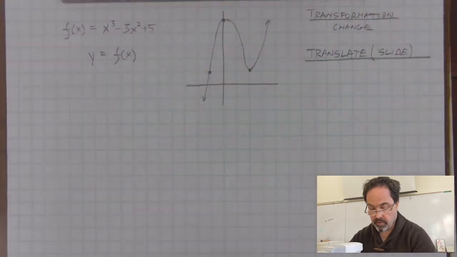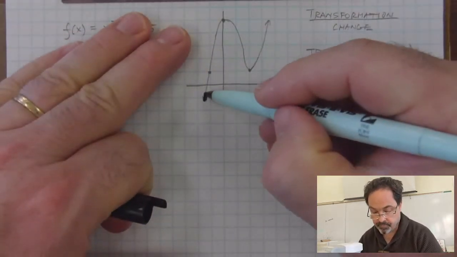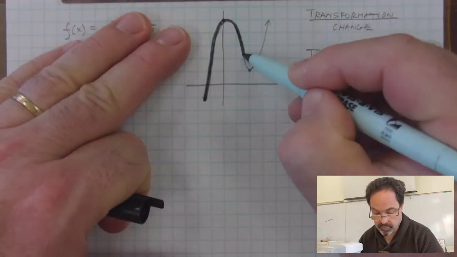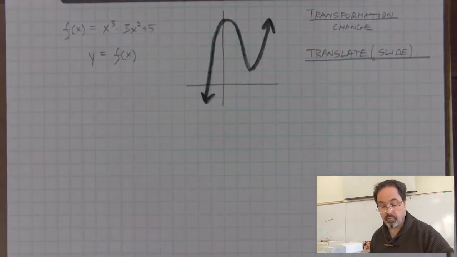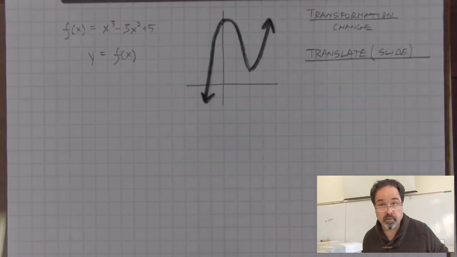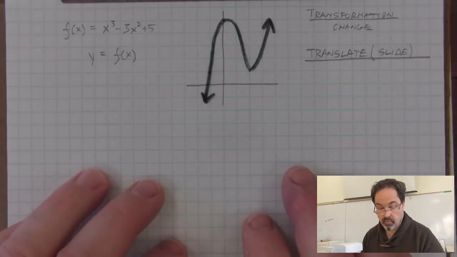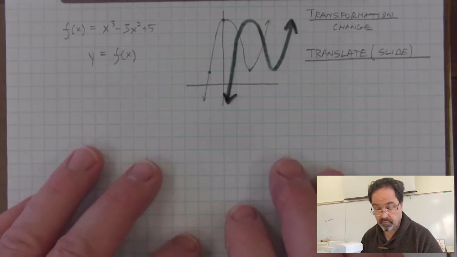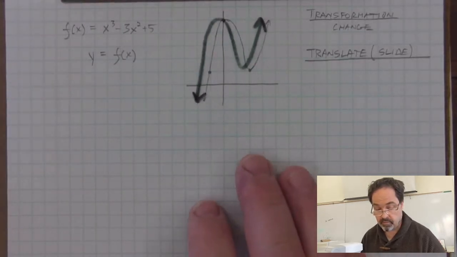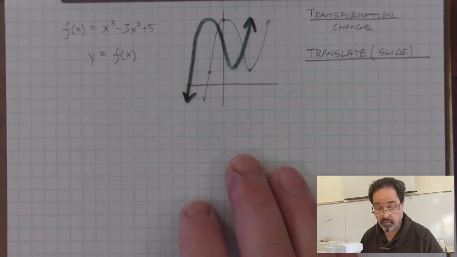Visually, what it means to translate is to take the entire graph of the function and move it horizontally or vertically. Horizontal transformations or translations are slides to the right and left. Every point in the graph would move.